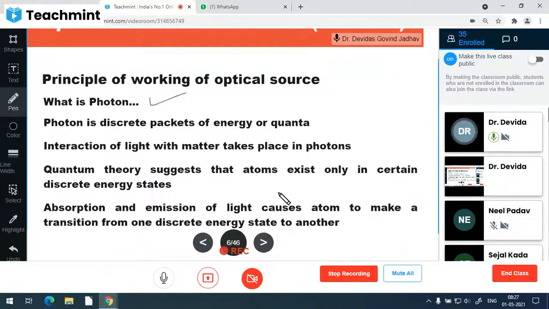Quantum theory suggests that atoms exist only in certain discrete energy states. So absorption and emission of light causes the atom to make a transition from one discrete energy level to another discrete energy level.